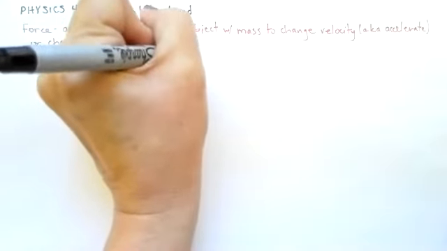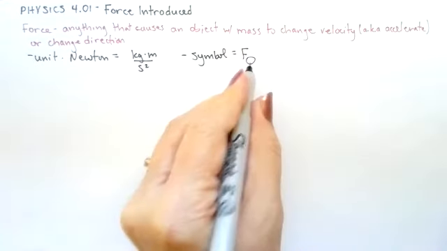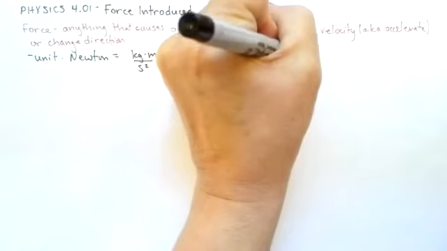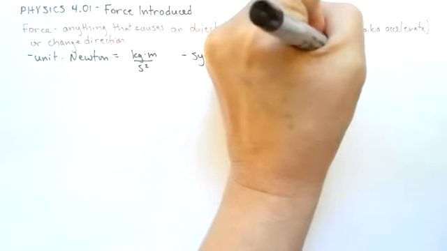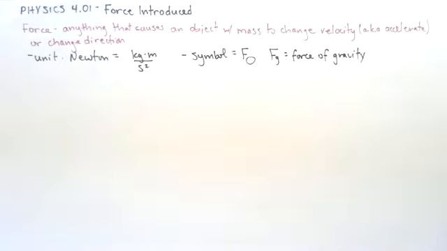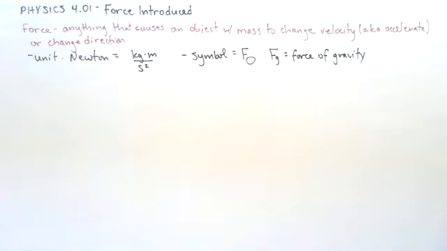And the symbol that we use is a capital F. And there'll almost always be a value here. So like if we're talking about the force of gravity, that'll be F sub G. We'll often have a subscript here.